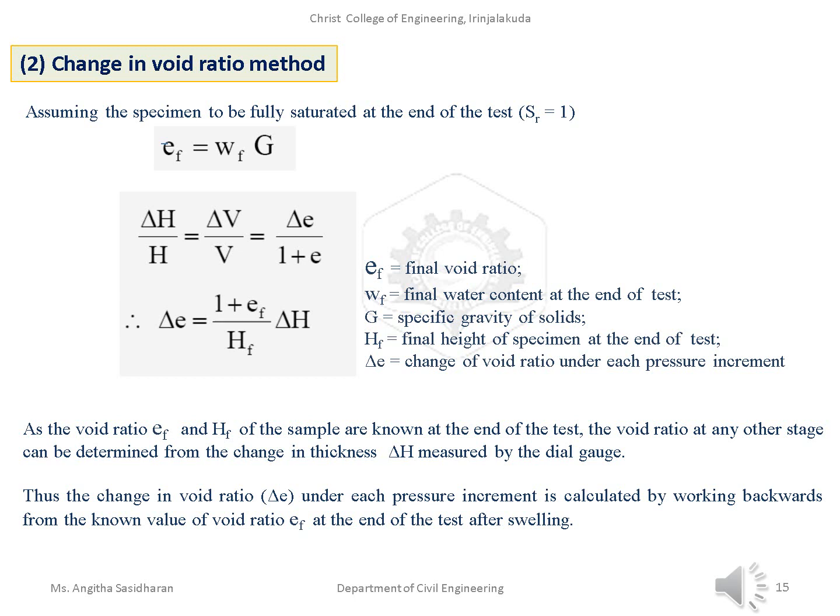The change in void ratio under each pressure increment is calculated by working backwards from the known value of void ratio e_f at the end of the test after swelling.